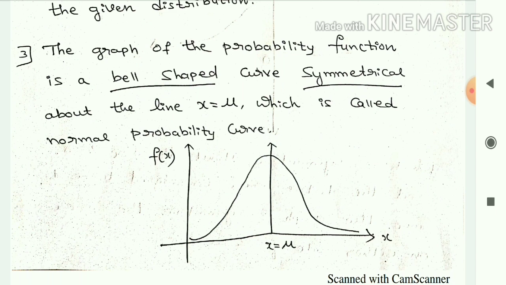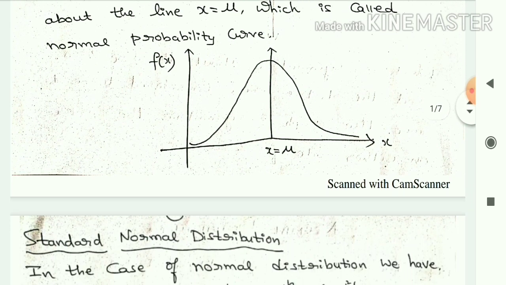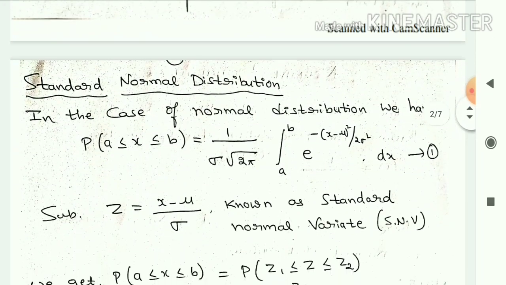The area bounded on the right side of the line x equal to mu is exactly the same as the area bounded on the left side of the line x equal to mu. So that is the curve for normal distribution, and this is called the bell-shaped curve. Try to remember this graph especially for normal distribution. So these are the three major things we have to observe.